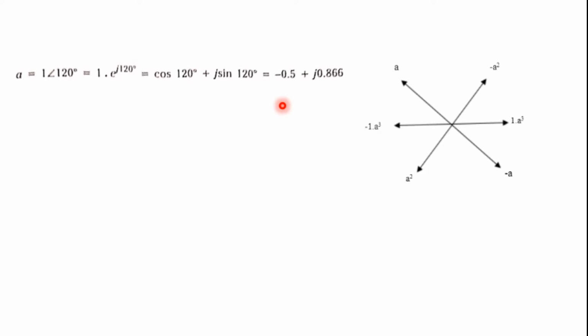Similarly, a square can be written as a into a, that is 1 at an angle of 240 degrees. The result is minus 0.5 minus j 0.866. Hence the operator a square rotates in the anti-clockwise direction by 240 degrees. This is the same as the rotation of the phasors in the clockwise direction by 120 degrees.